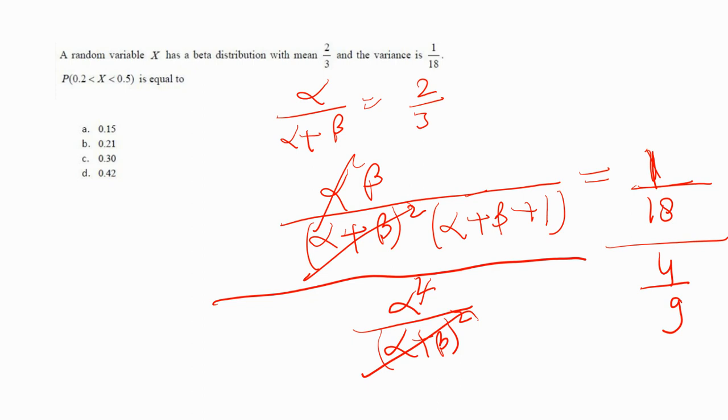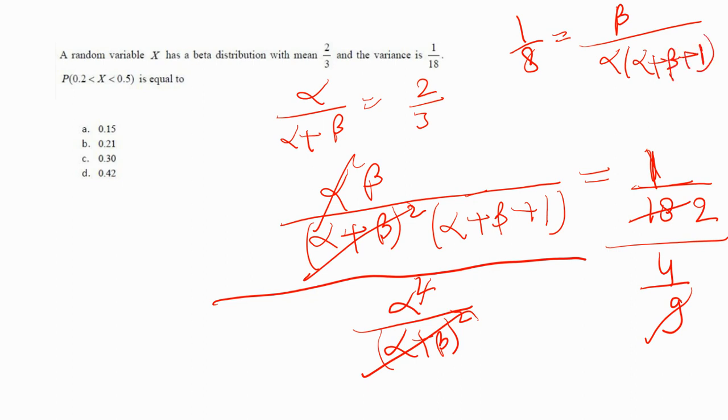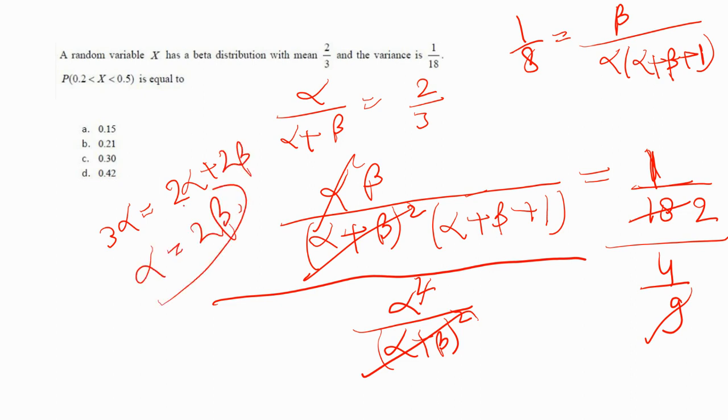So here we will have 1 upon 8, I think, is equal to beta upon alpha, alpha plus beta plus 1, right? So from here we will have the equation 3 alpha is equal to 2 alpha plus 2 beta. So alpha is equal to 2 beta, right?